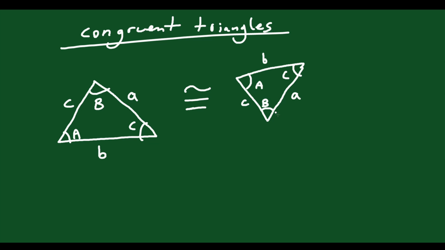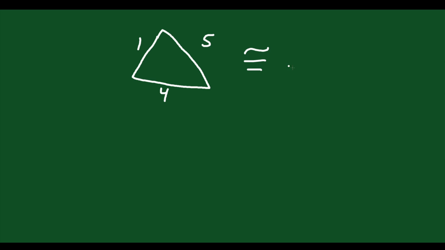And there are some ways that we can confirm congruency, right? For example, if I have a triangle like this, and the sides are 1, 4, and 5, that will be congruent to a triangle that looks like this. So similar, but this is 1, this is 5, this is 4.